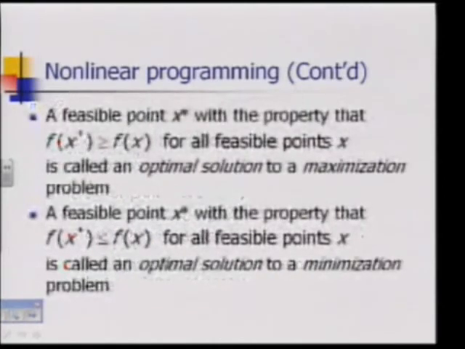Now we are going to talk about some important properties of the optimal solution. A feasible solution X star with the property that it is no worse than any other feasible point is called the optimal solution. If I want to maximize f, it is no smaller than any other value; if I want to minimize f, then the optimal solution should be no larger than any other value of x.